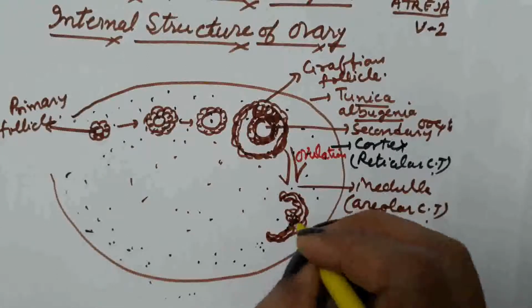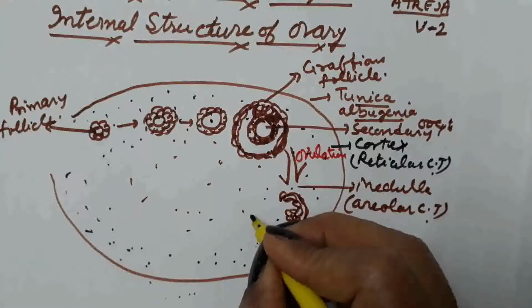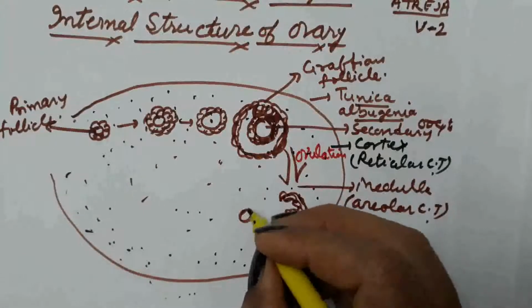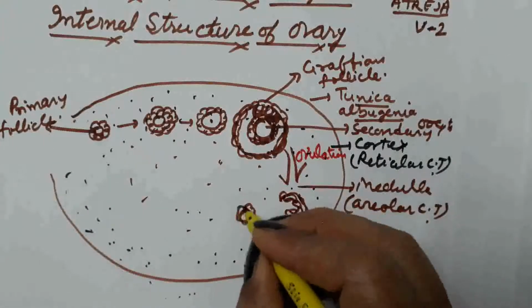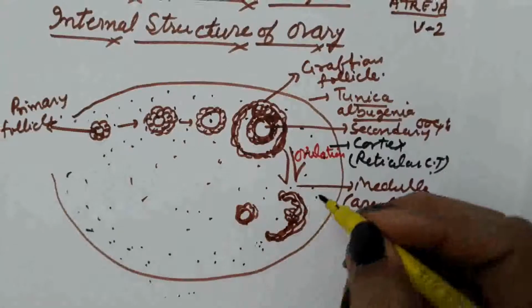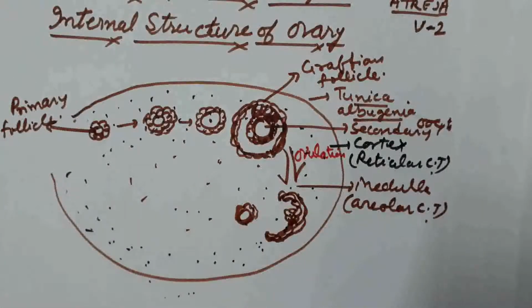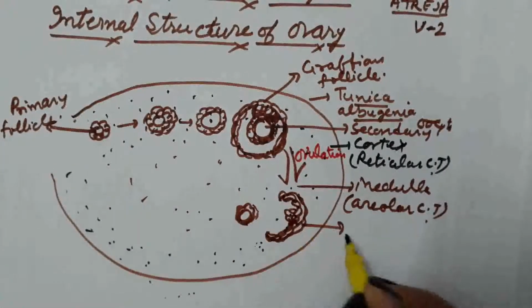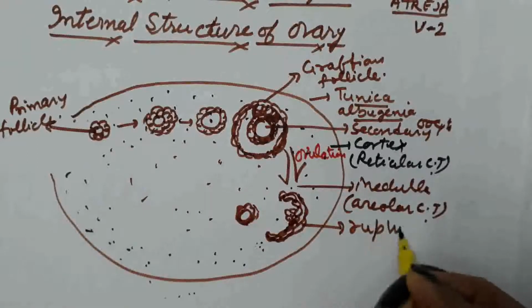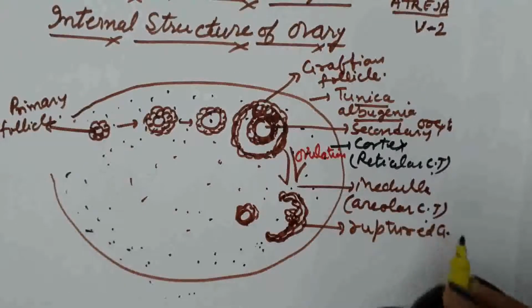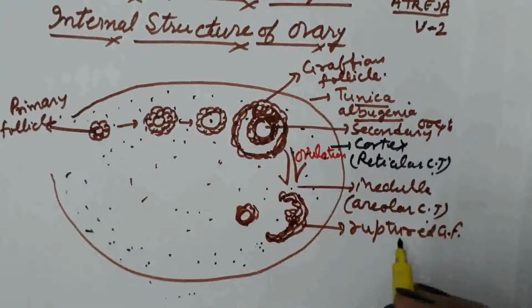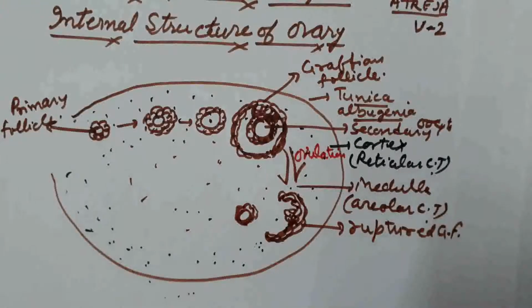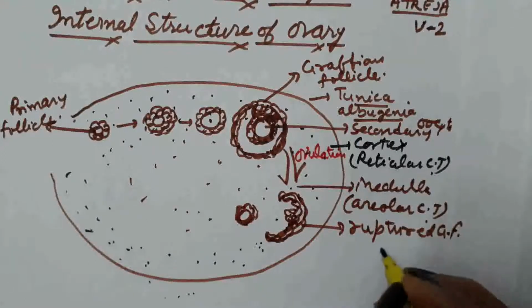This is germ hillock, and there is secondary oocyte. This is ruptured Graafian follicle, and we call it corpus hemorrhagium.